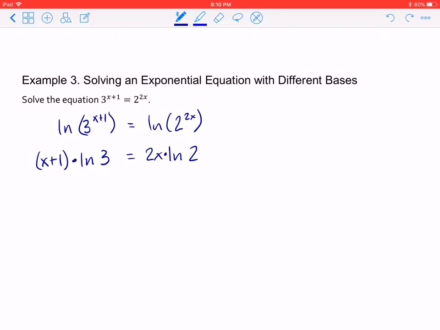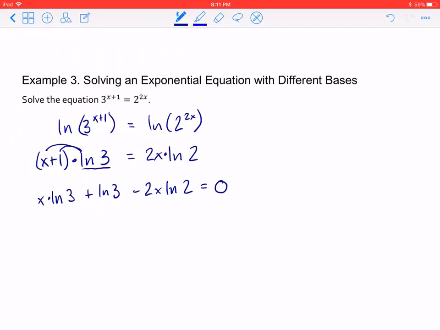So if I distribute this ln 3, and remember ln 3 is just a number, a little bit more than 1, this gives me x times ln 3 plus ln of 3 equals 2x ln 2. And in this step, I'm going to subtract the 2x ln 2 from both sides, so the right side is equal to 0.